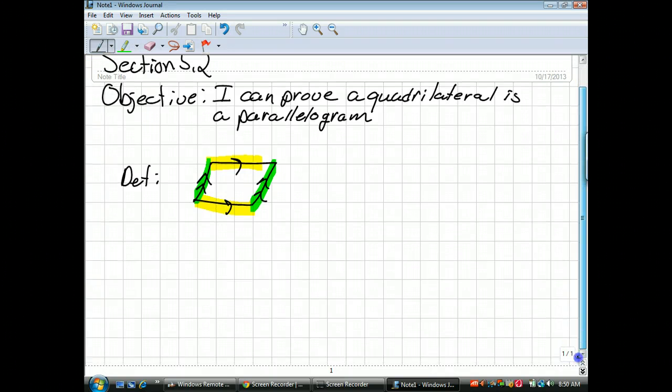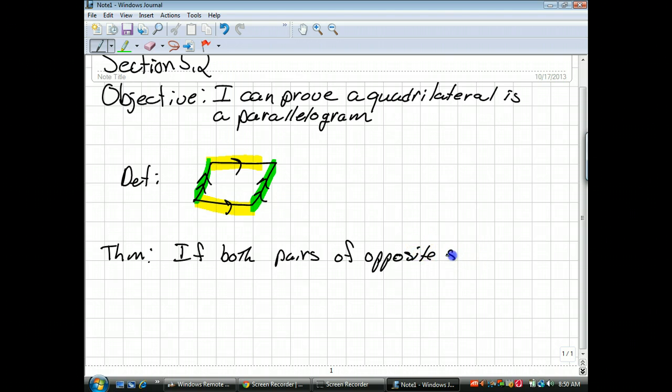The second way, or another way, I should say, is if both pairs of opposite sides are congruent. Actually, let's put this in.